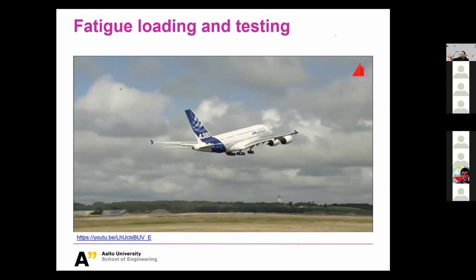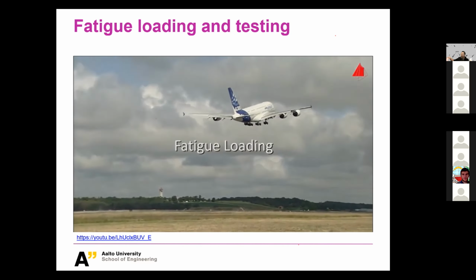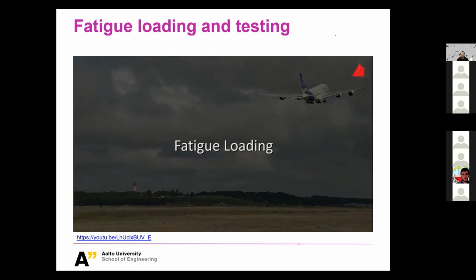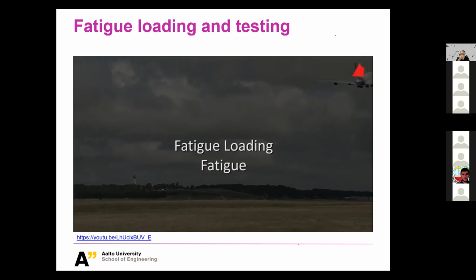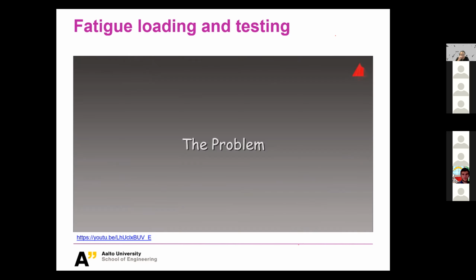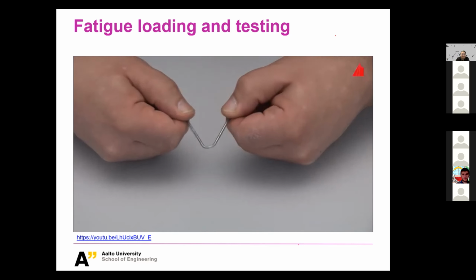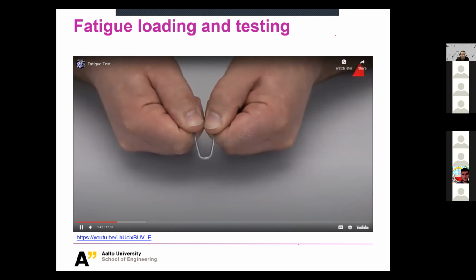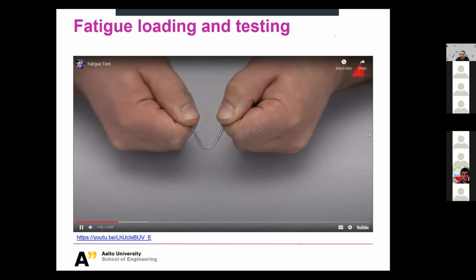This type of loading is generally termed fatigue loading, and the material responds to it with fatigue. The term fatigue is used because it takes some time for the failure to occur under repeated loads. The problem with materials is that they normally endure less at repeated loading than with a once-only load.